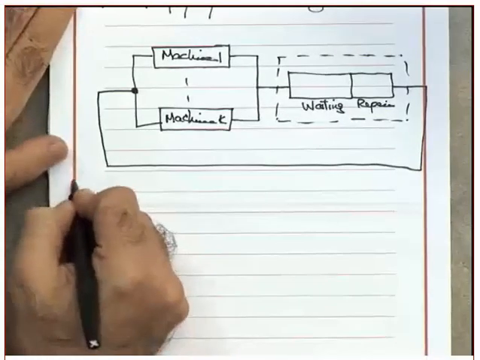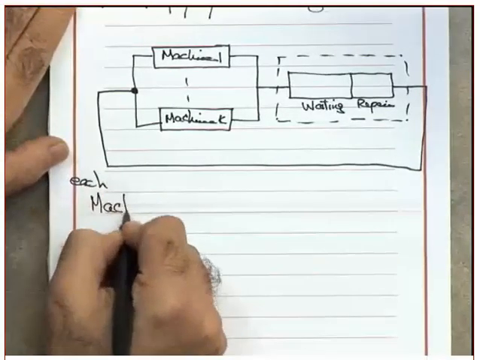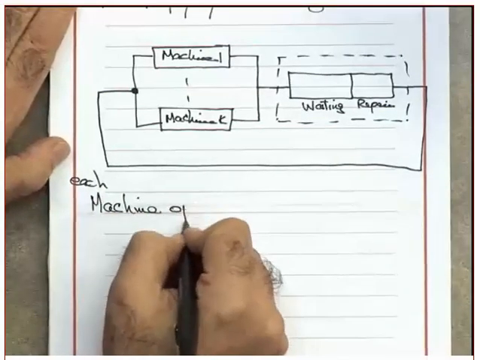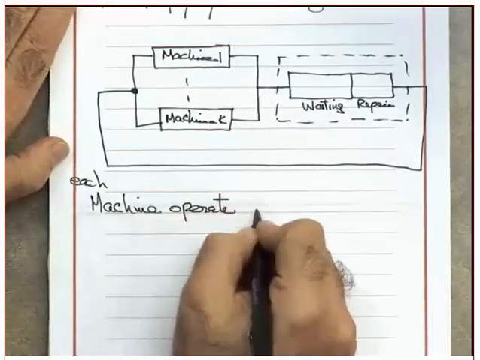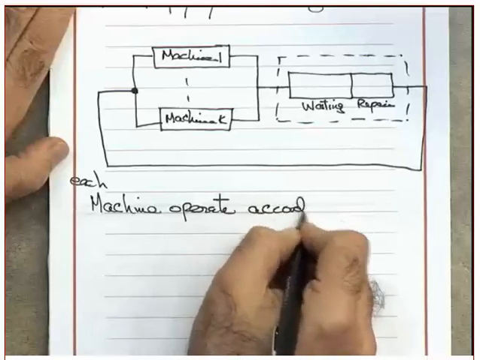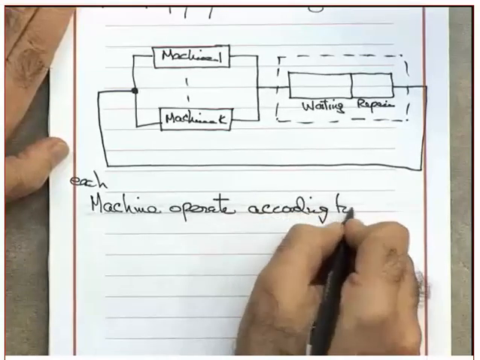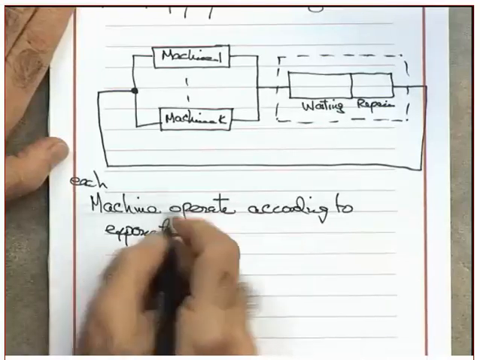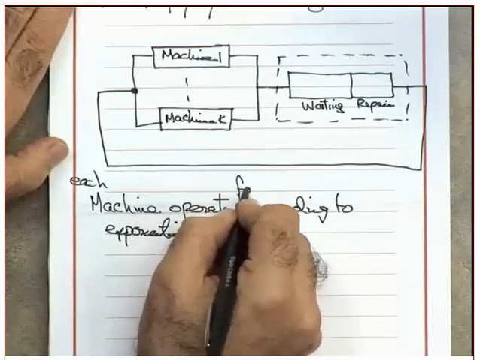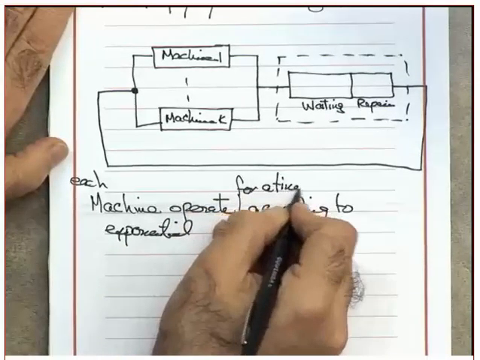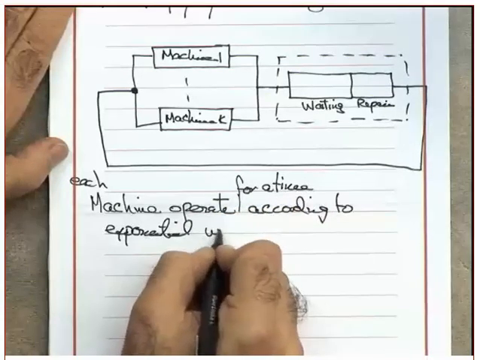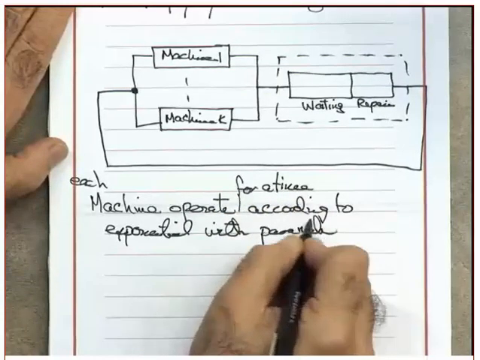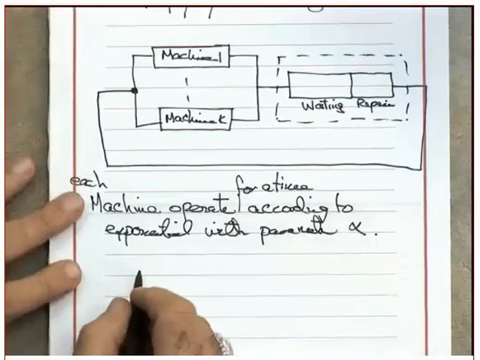Machines. Each machine operates according to an exponential operation time, operating for a time exponentially distributed with parameter, let's say, alpha.